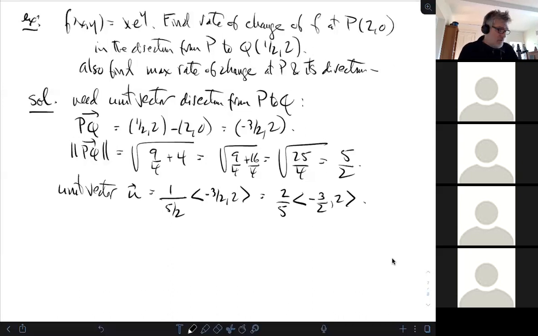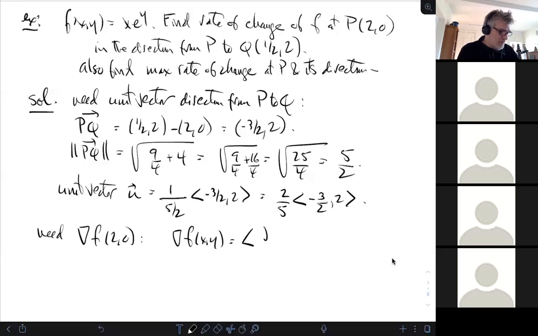Okay? So first I'm asked the rate of change of F at the point P in the direction given. So that's my direction vector U. To find the directional derivative, I'll need the gradient at 2, 0. So I'll compute the gradient in general.